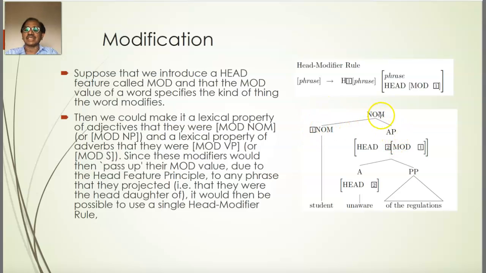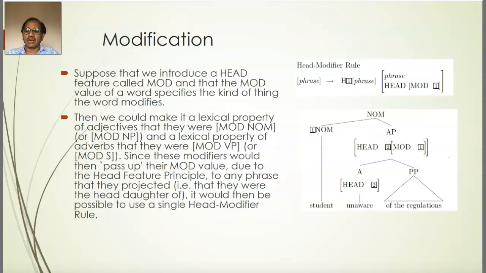So this is the structure. So what will you see here? Phrase, phrase, then head data. This is a head data phrase, and this phrase has this value, head modifier 1, right? So here there is an adjective phrase which modifies the nominal.